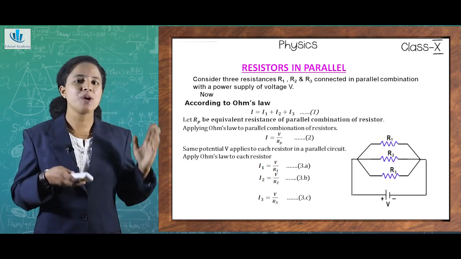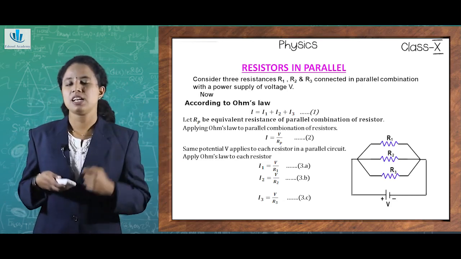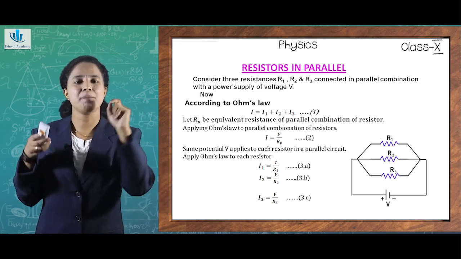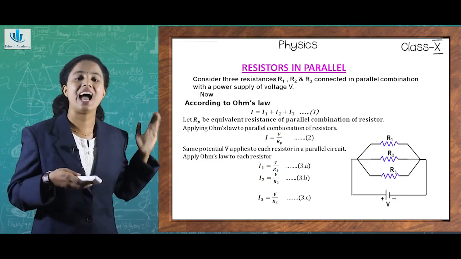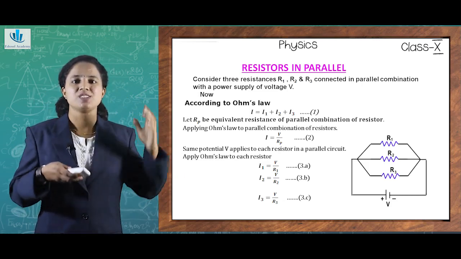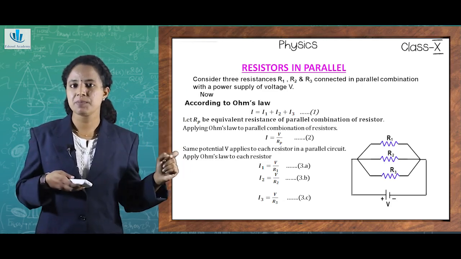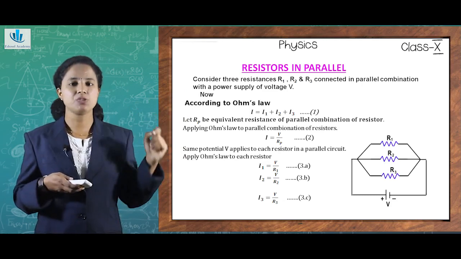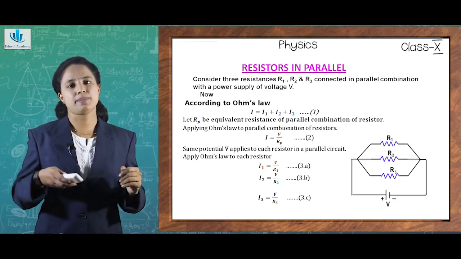So now I am going to apply Ohm's law to each resistor individually. We know the current is different for different resistors in a parallel combination, so I need to take I1, I2 as well as I3. So I means V by RP. RP represents the resistors in parallel combination, isn't it? So now I have to define it in terms of each resistor separately.